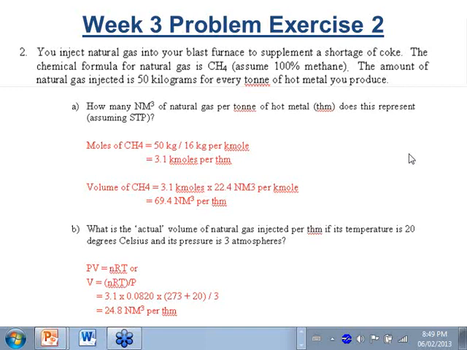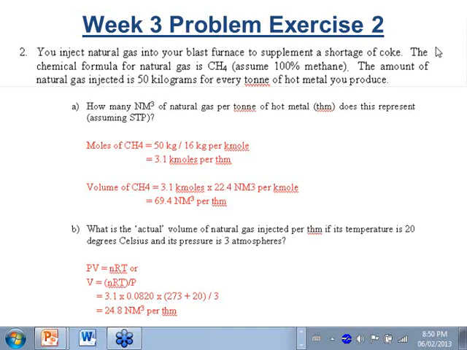So the volume of which that will expel is 3.1 kilomoles multiplied by 22.4 normal cubic meters per kilomole, which is 69.4 normal cubic meters per ton of hot metal.